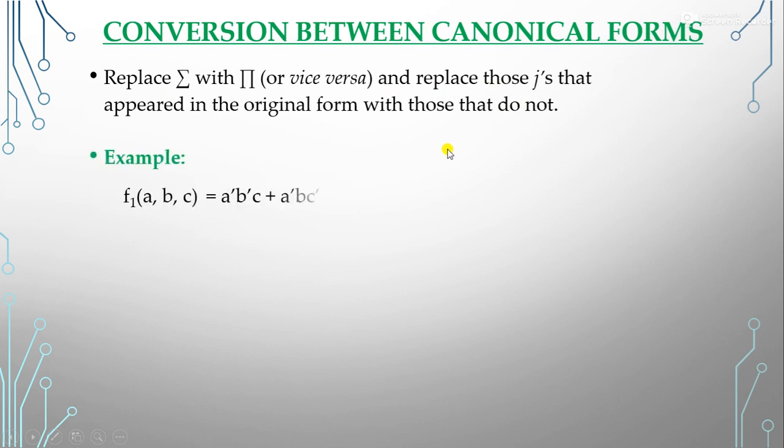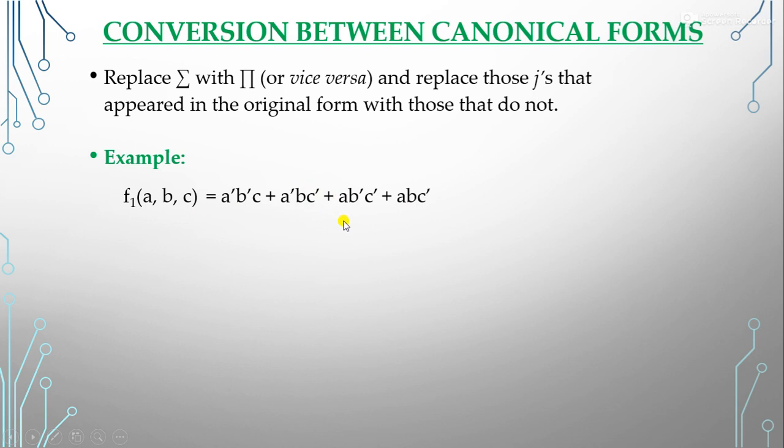Let's take an example. Suppose we have F1 of A, B, C, and this function represents A dash B dash C plus A dash B C dash plus A B dash C dash plus A B C dash.